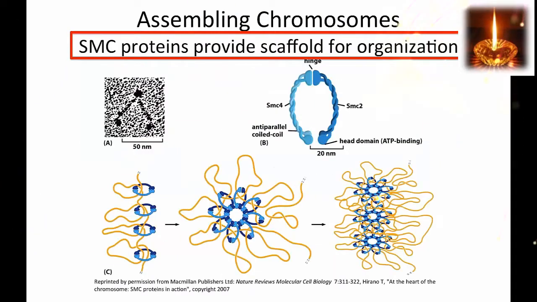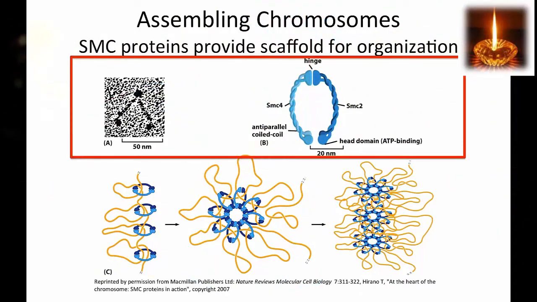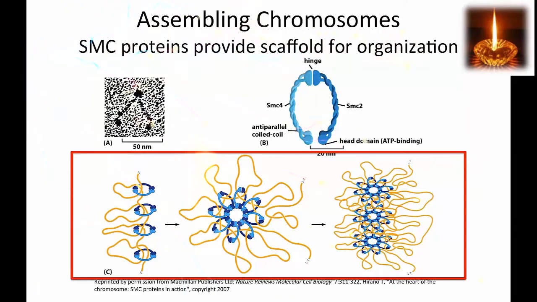And to get to that solenoid structure, there are specific proteins that are involved, and they're called SMC proteins. And they have this hinge structure, so they're able to latch around and, if you will, knit the DNA together. And they assemble into higher order structures themselves, as you can see here.